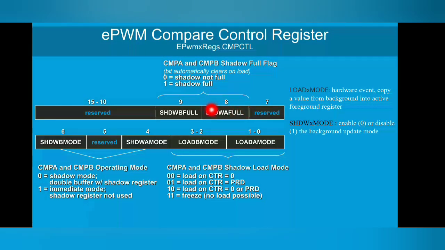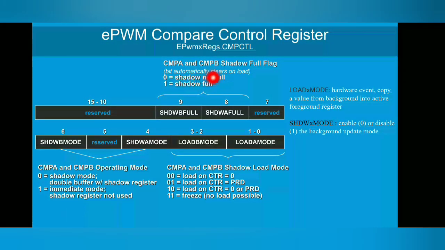And if this bit is 0, the shadow register is empty. Now we can update the shadow register, we can fill the background register value with some other numbers. So 1 shows the shadow is full, and 0 shows the shadow is not full, the shadow is empty.